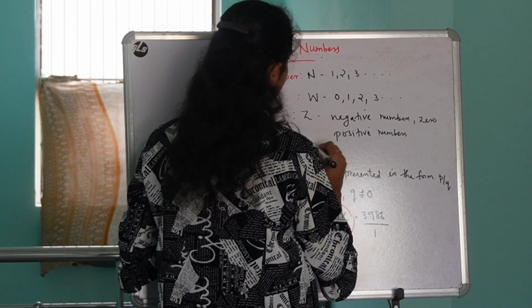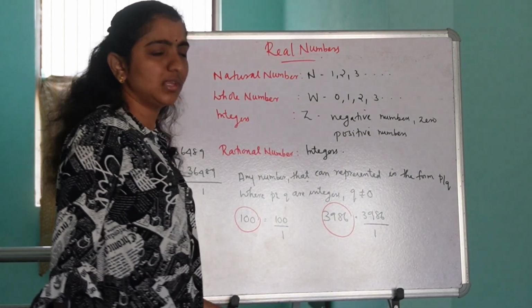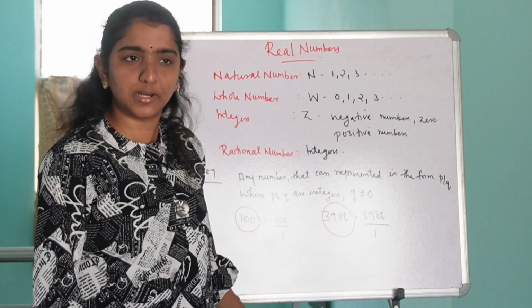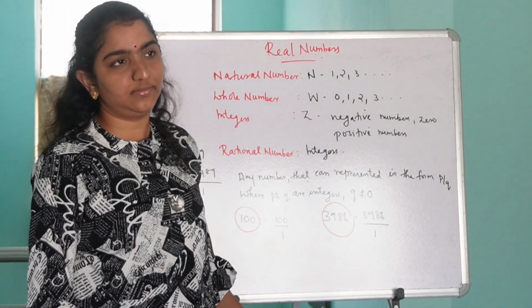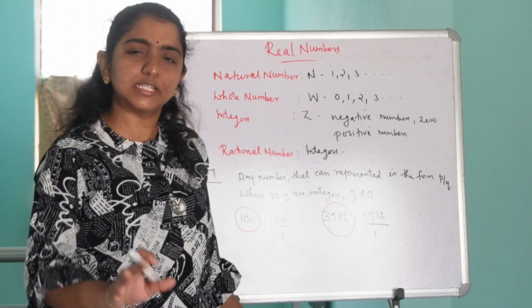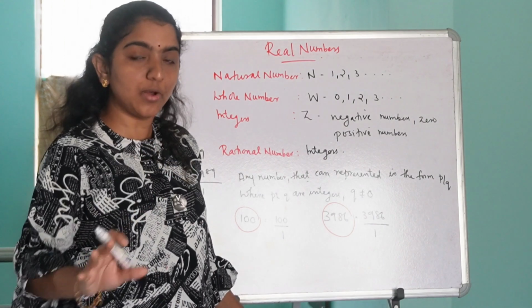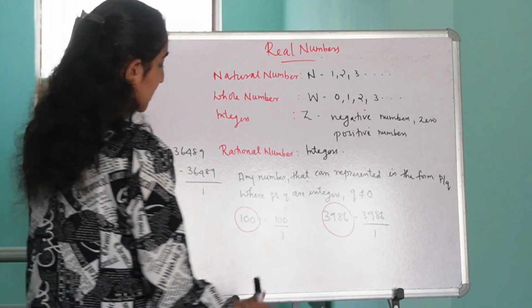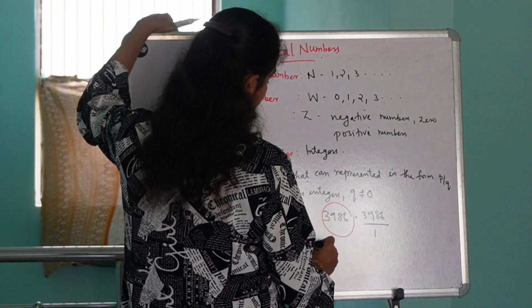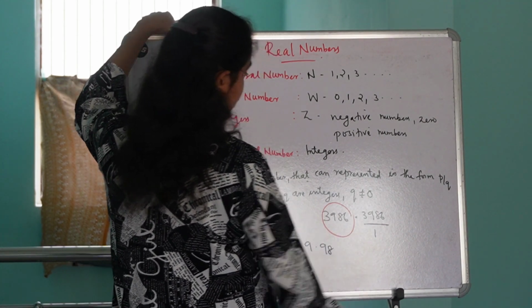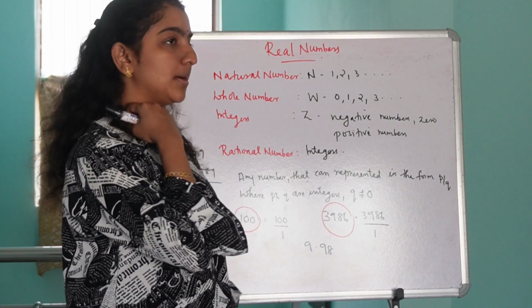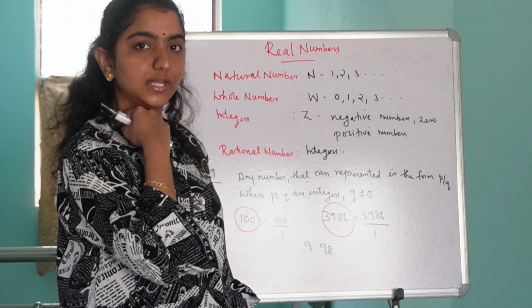So are only integers rational numbers? It's not like that. Some of the decimal numbers are also rational numbers. So let's take an example. Suppose 9.98. This is a decimal number having 2 digits after the decimal point.